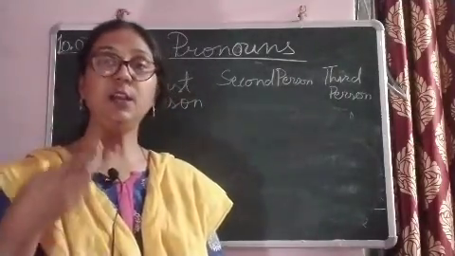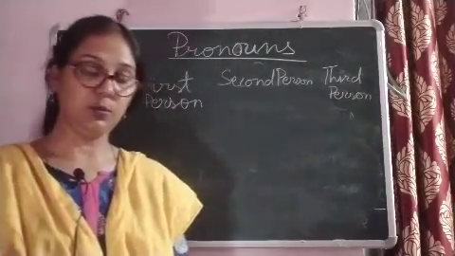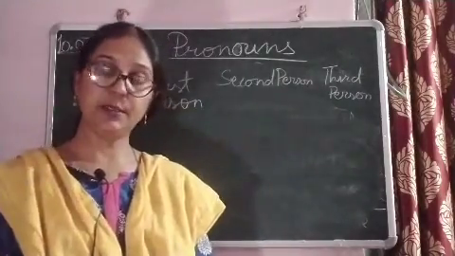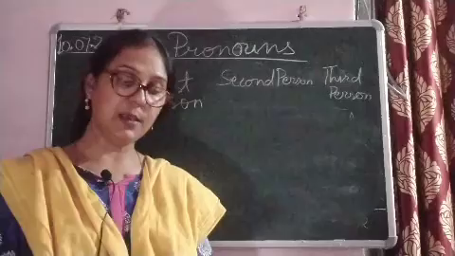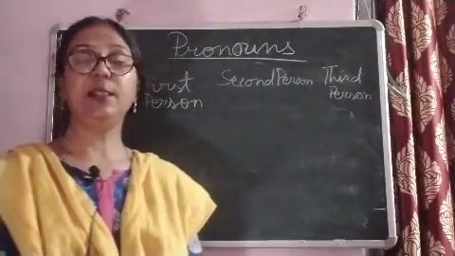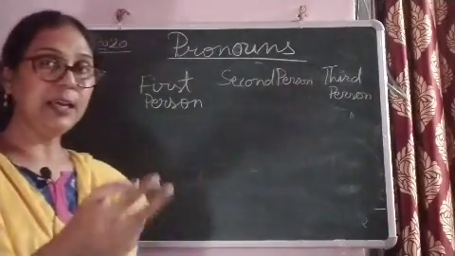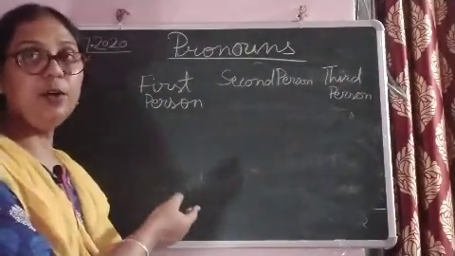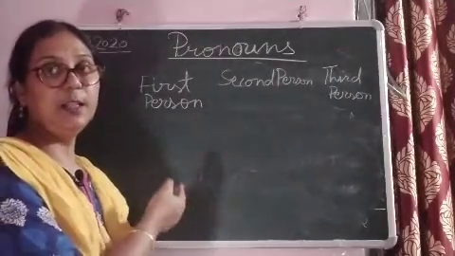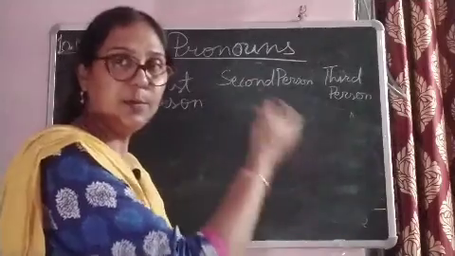Second person: you, yours, and it remains the same in the plural also. Next is third person: he, him, his, she, her, hers, it, and in the plural they, theirs, them. We are revising it because it is very important for you to know what the first person, second person and third person are.